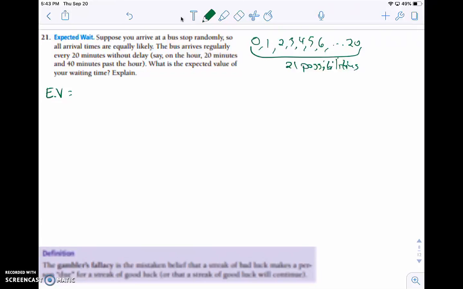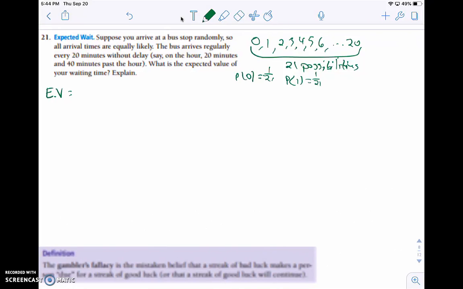So the probability of 0 is 1 out of 21. The probability of waiting 1 minute is also 1 out of 21, and so forth. Whether it's 0 minutes, 5 minutes, or 10 minutes, they all have the equal probability.